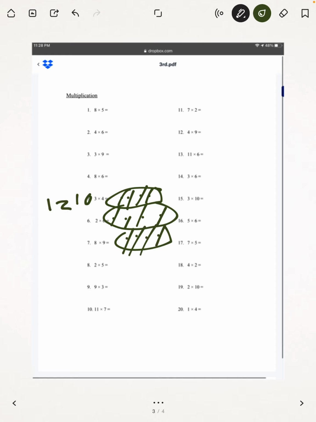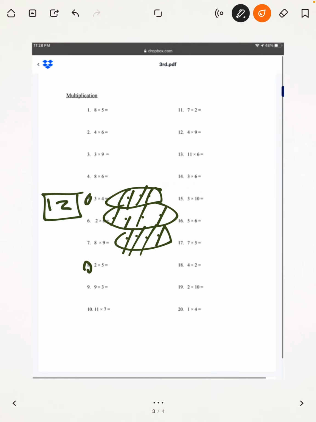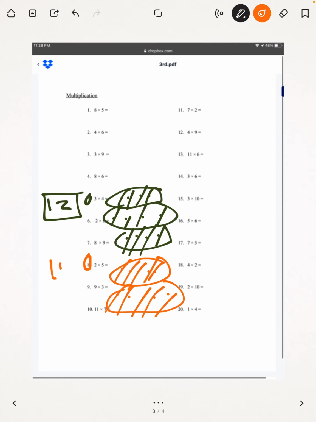So 3 times 4 is 12. Next, we're going to be doing number 8. I'm going to be drawing 2 sets of 5. And if we count that, we have 5, 6, 7, 8, 9, 10. Our answer is 10.